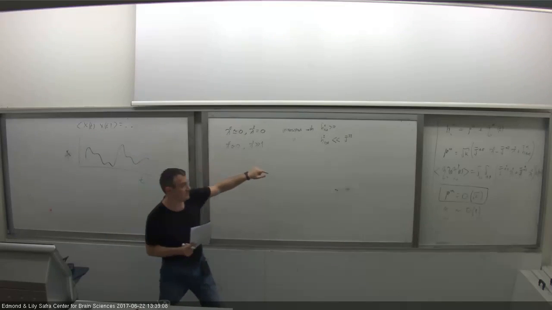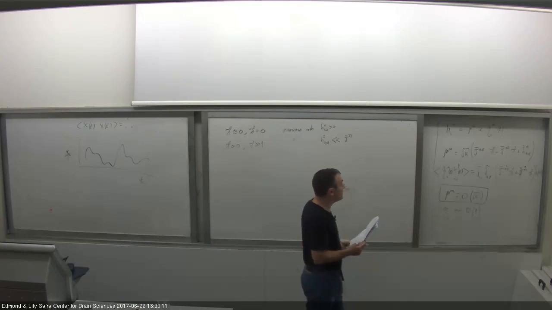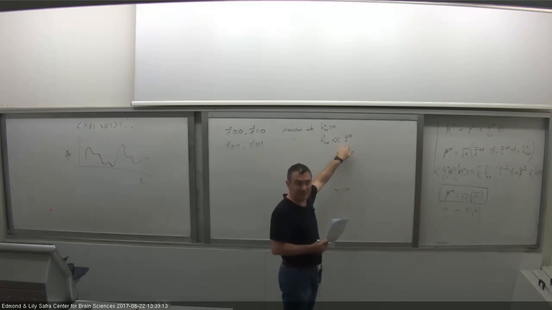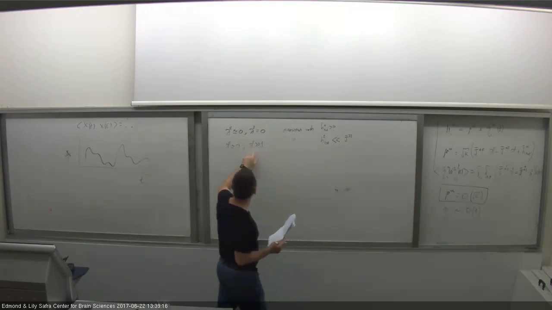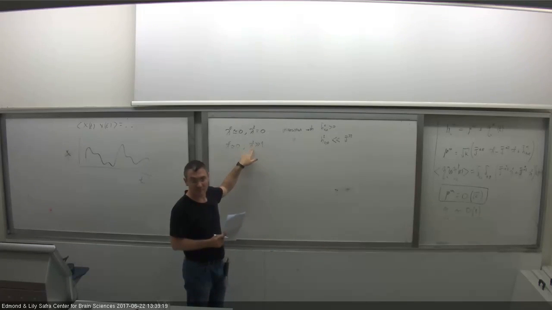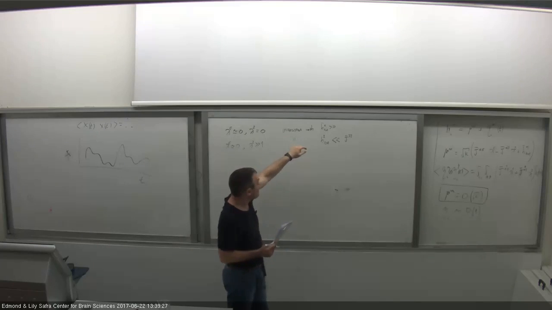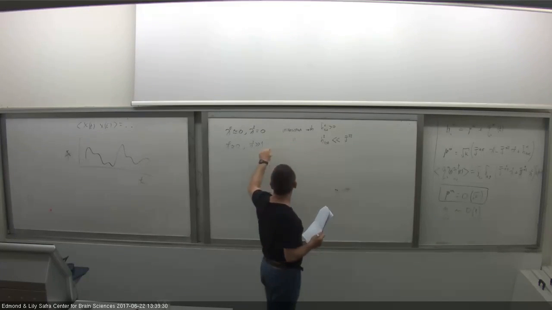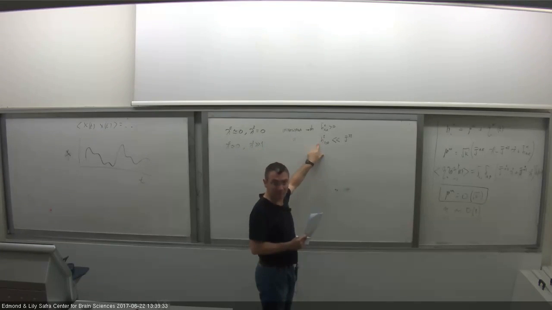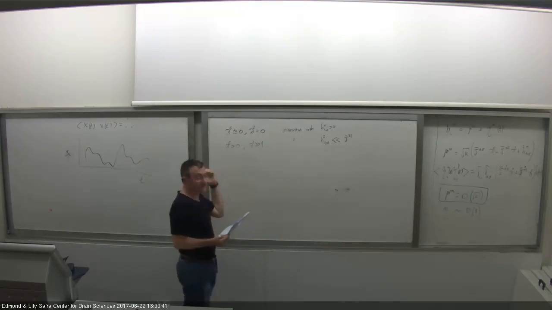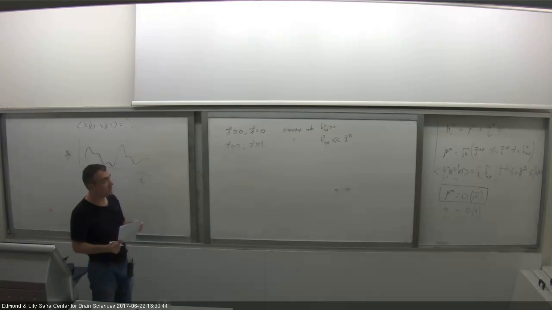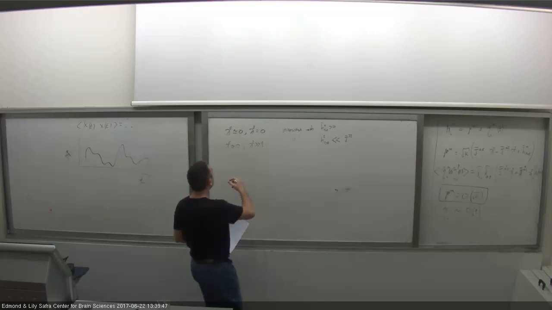Because the self-inhibition will dominate, and then you will not be able to find a solution in which inhibitory neurons are active. This solution requires that the external input to the inhibitory population be larger than the self-inhibition. If there's no external input to the inhibitory neurons, then you will not see this solution.